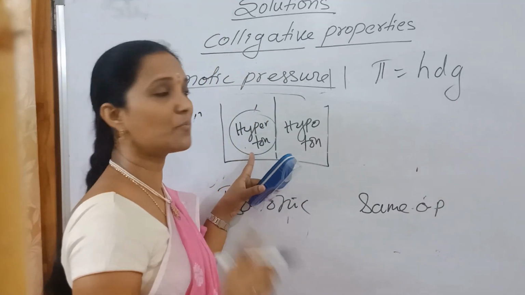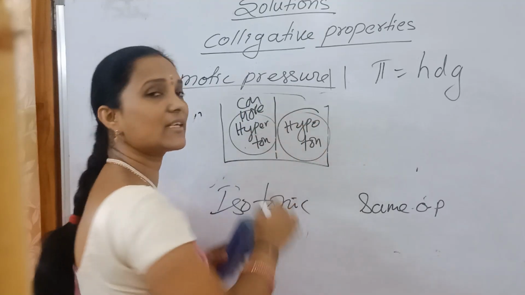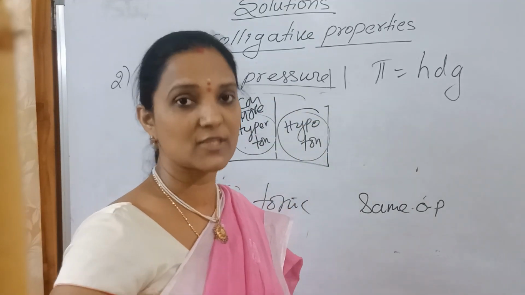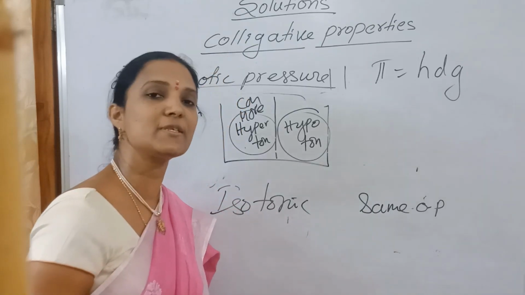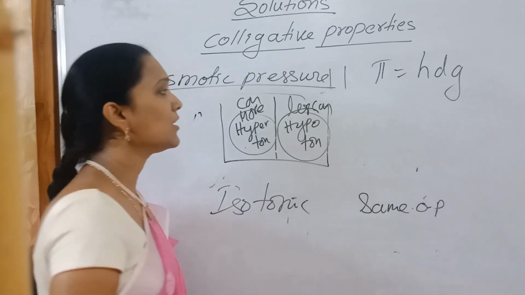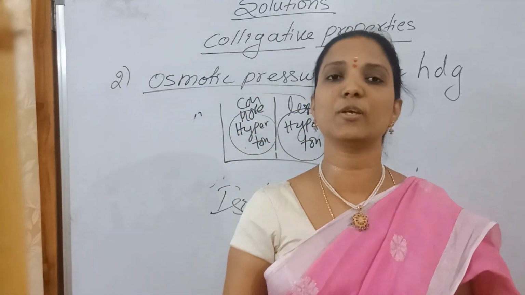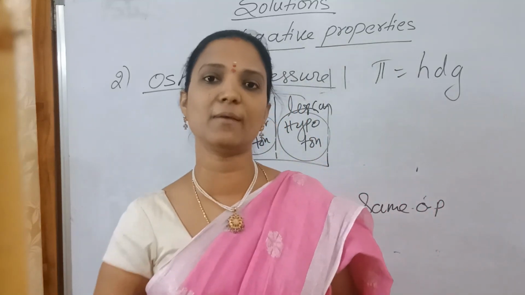This is a more concentrated solution. Hypotonic, nothing but its osmotic pressure is less. Osmotic pressure less means its concentration is less. So less concentration. Now the question: a hypertonic solution and a hypotonic solution are both separated by a semi-permeable membrane.